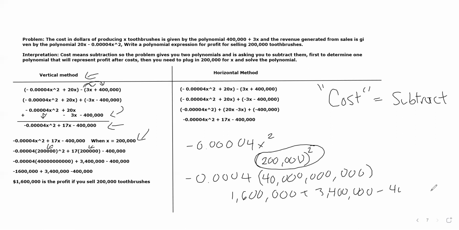I had to pay someone $400,000 to make those 200,000 brushes, and then I had to pay $1.6 million to store the toothbrushes, to drive them to the truck, to have them transported to the stores, for salaries, for whatever, all my costs, right?